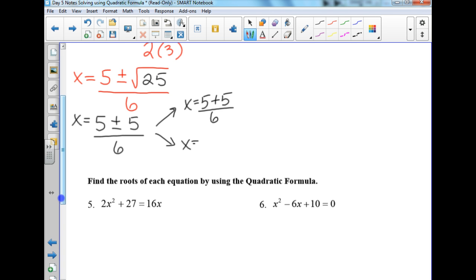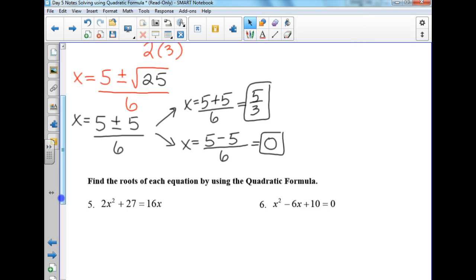And one of our answers has the minus, 5 minus 5 divided by 6. So this one's 10 over 6, which reduces to 5/3. And this one's 0 over 6, which is what? 0. Just 0, right? And remember, just because you get 0 doesn't mean it's like no solution or something. It's just an answer choice, and that's fine.